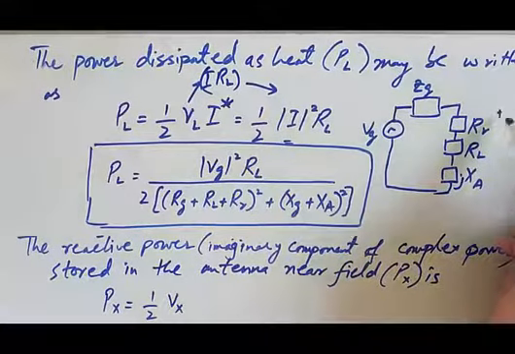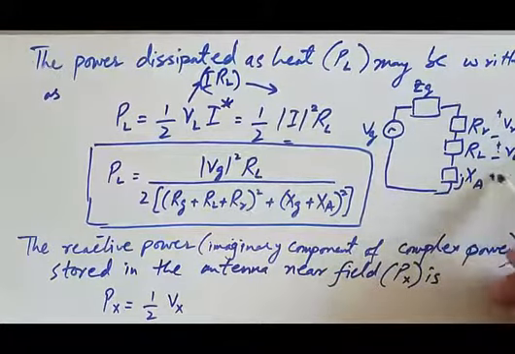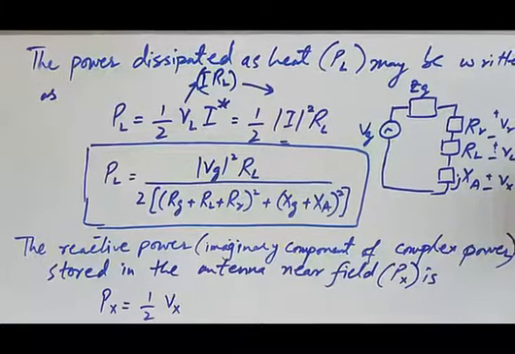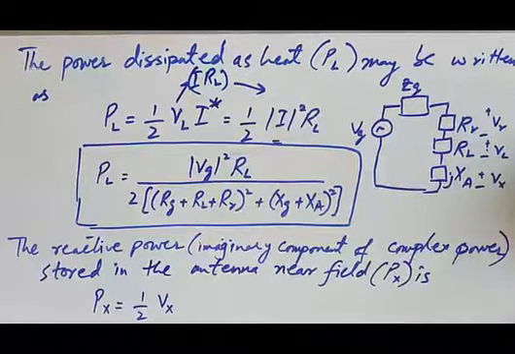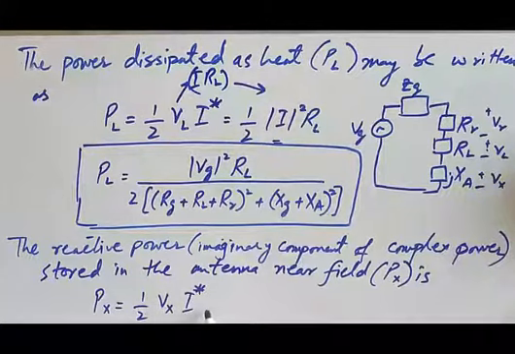The voltage over here was VR, the voltage over here was VL, the voltage over here was Vx. So here we can easily find out Px is equal to half Vx into I star.